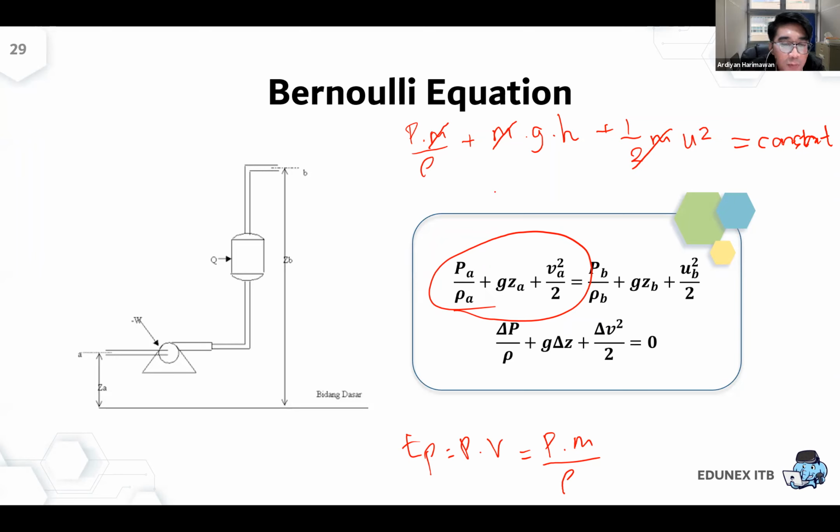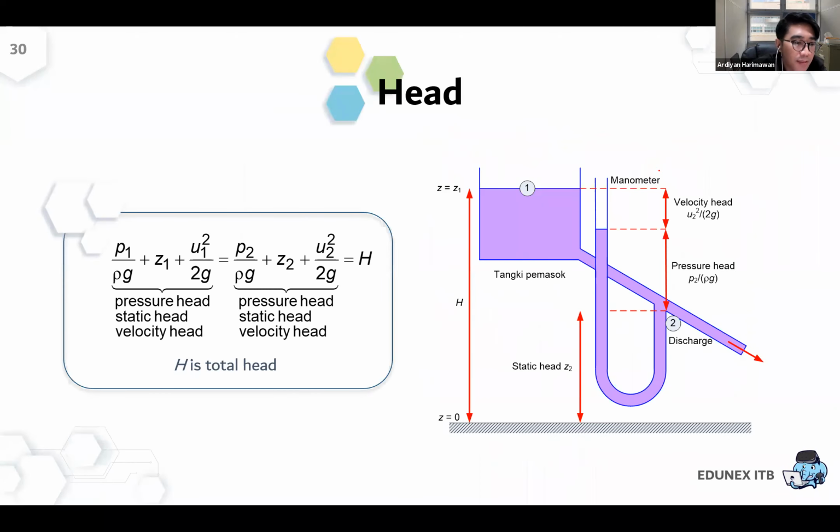It becomes specific energy. And then you can divide it again by the gravitational acceleration, so it becomes like this. If you divide it again by the gravitational acceleration, it will become head.